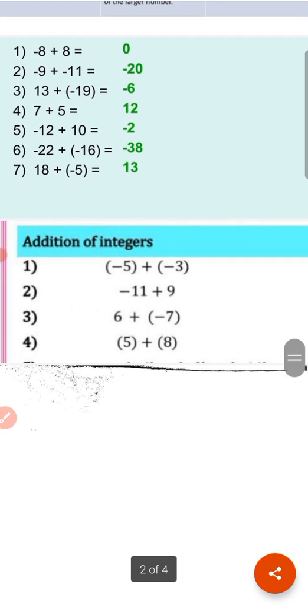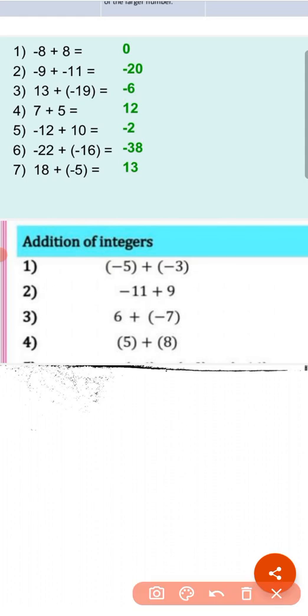Children, here our first question is negative 8 plus 8. Integers with different sign. So what will we do? Subtract the numbers, that is 8 minus 8.